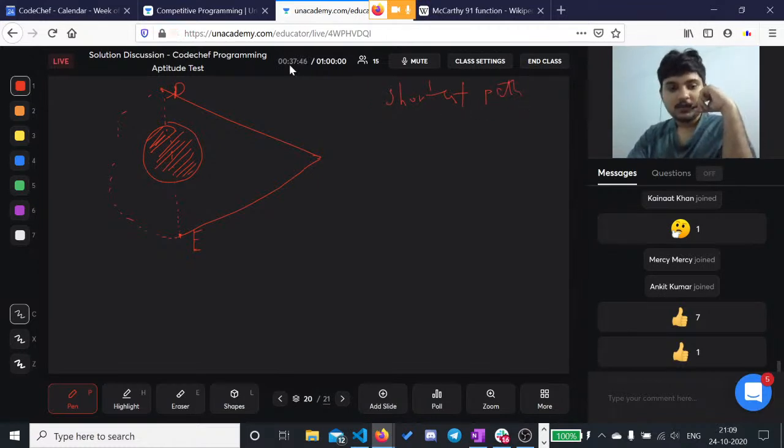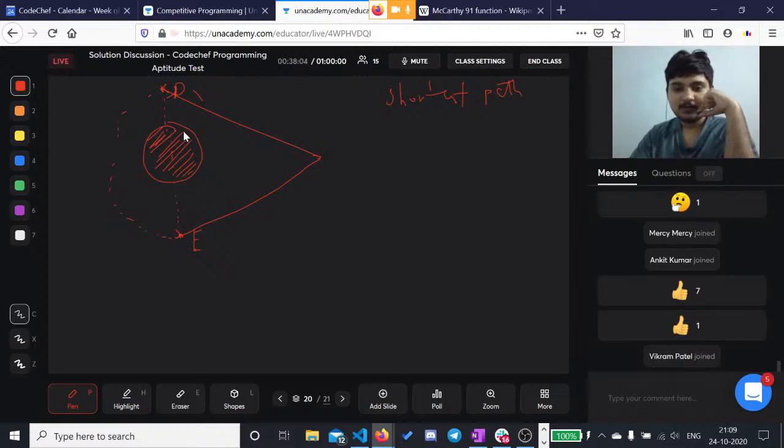Okay, and how you can think of it is, think of if you had an extensible rope tied at these two ends, D and E, and you introduce this circle in between. Then how will the rope be skewed?